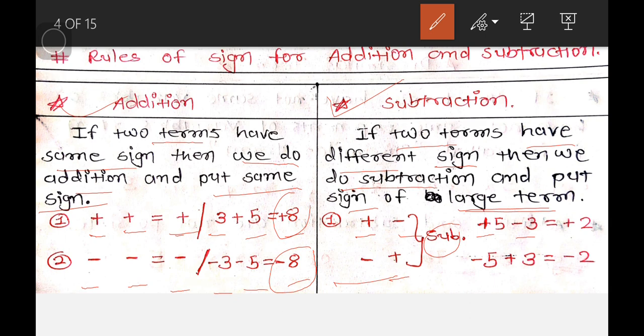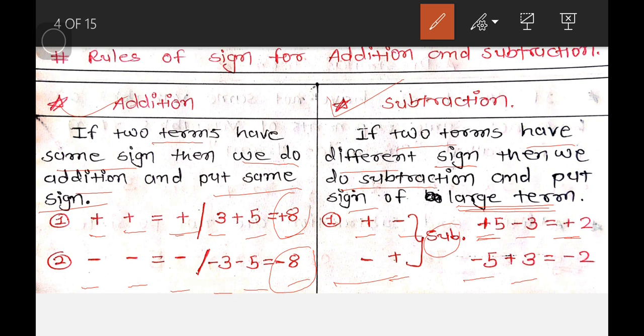Here two terms have different sign, then we do subtraction. Then we subtract 3 from 5. The 5 minus 3 is equal to 2, and we put the sign of the large term. Here 5 is the large term, then we put plus sign. Another example, minus 5 plus 3.